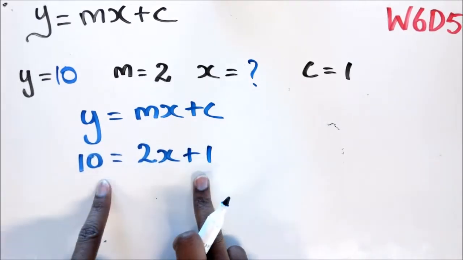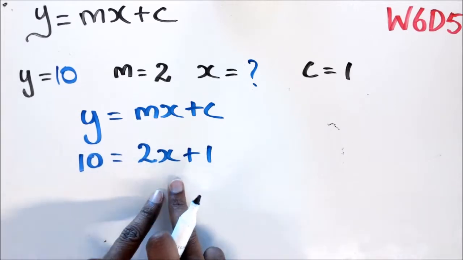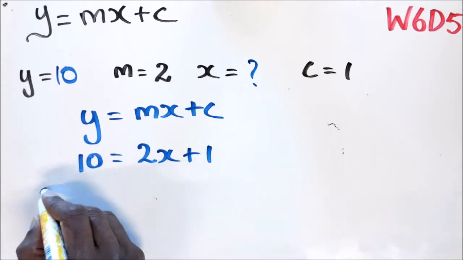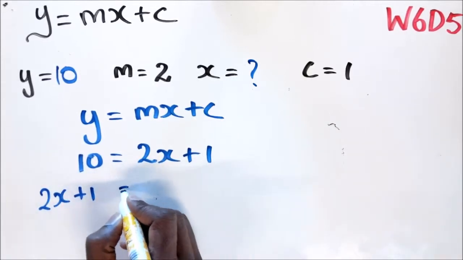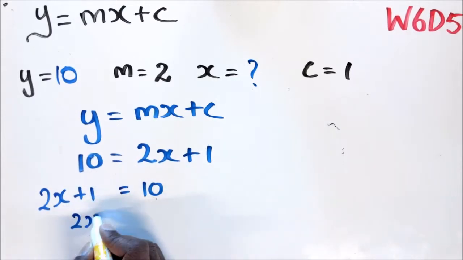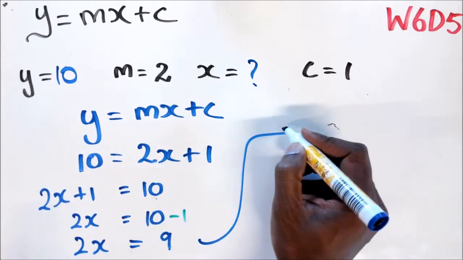This should start looking familiar because this is what we've been doing for nearly 2 weeks now. So we can see that 2x plus 1 equals 10. I'm going to rewrite this so that 2x plus 1 is on the left-hand side, equals 10. The 1, when I bring it over to this side, becomes minus 1. So we've got 10 take away 1, and that becomes 2x is equal to 9.